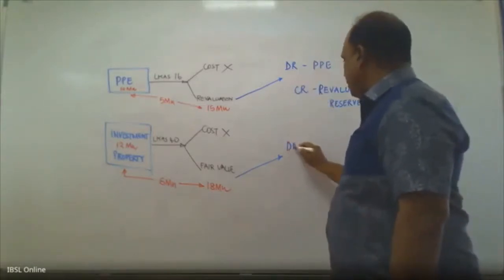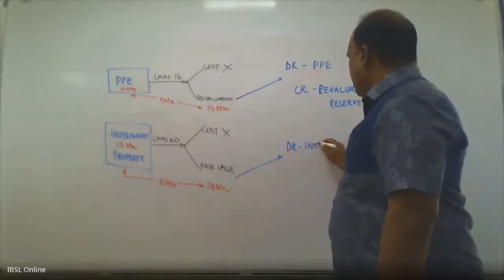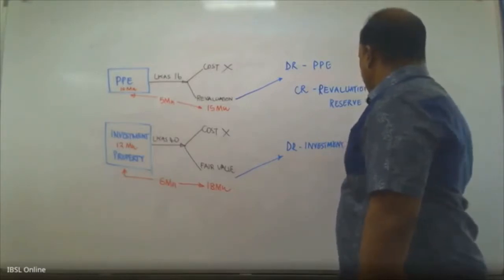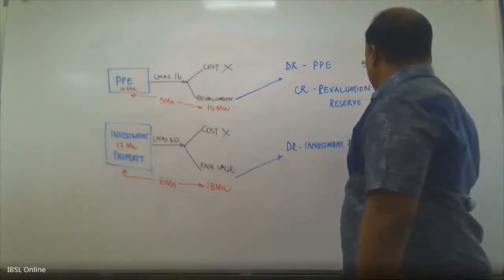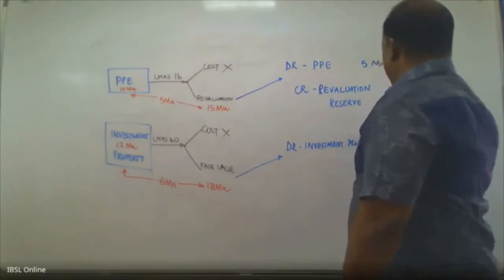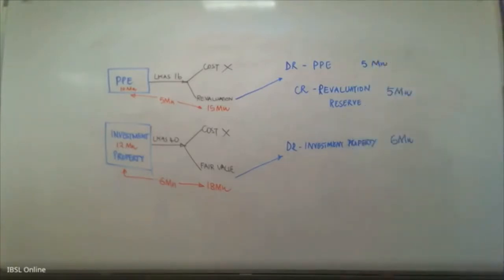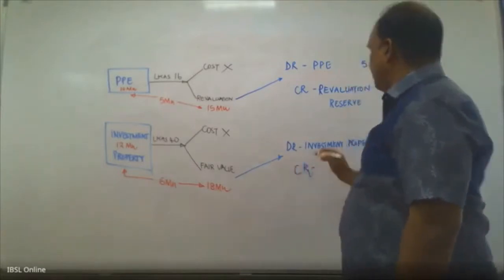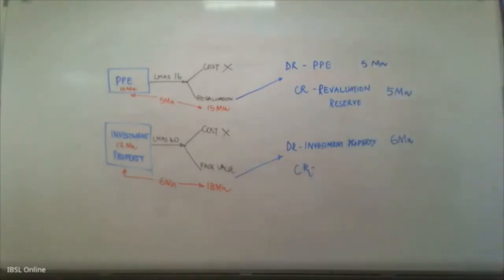So debit investment property 6 million, and where will I credit? This is where the problem is. This credit is very important.